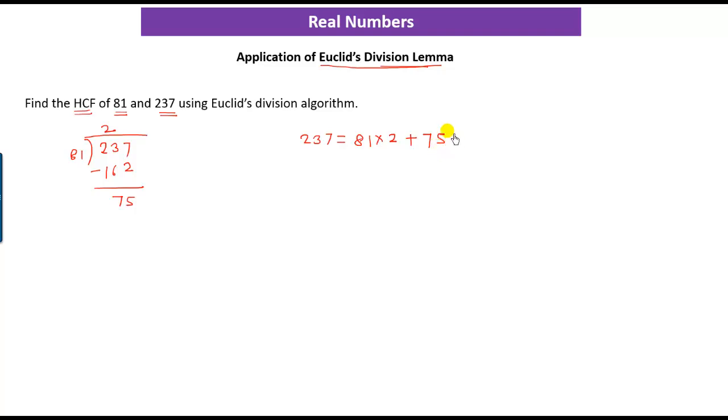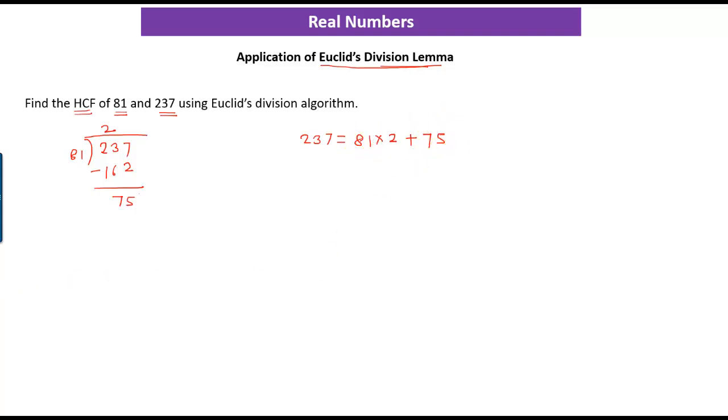Now here, since the remainder is not 0, we will still solve it further till we get the remainder 0. So here we will divide 81 by 75.